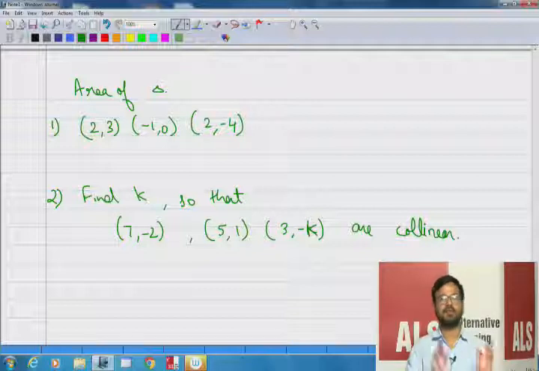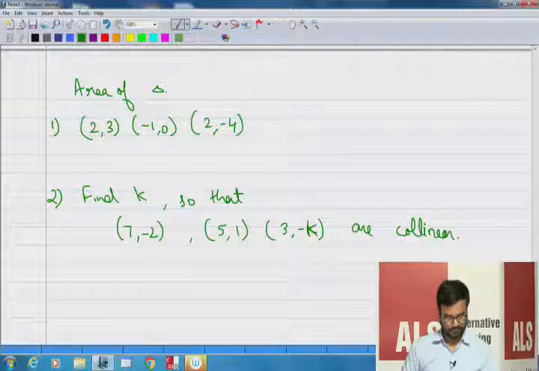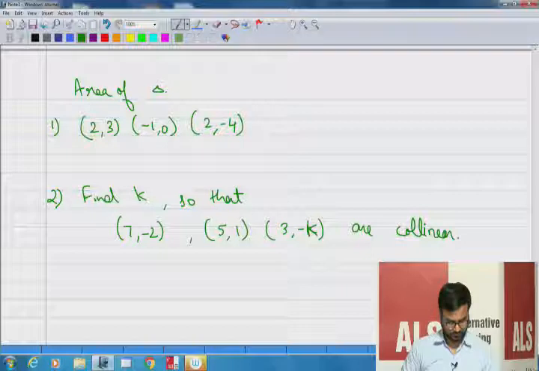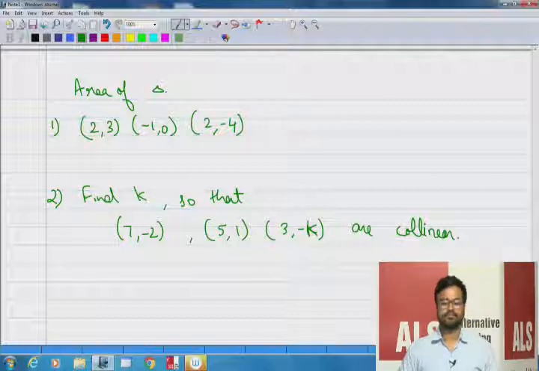So just do this thing: equate the area of this triangle equal to 0 and then find the value for k, the unknown one. Just equate the area of the triangle equal to 0.